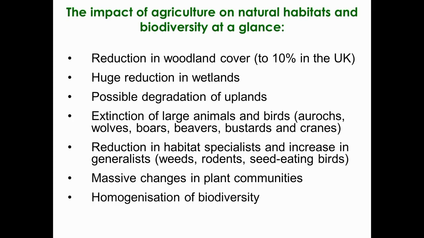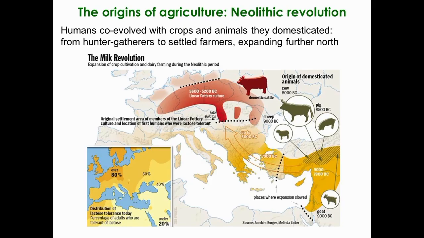As I described yesterday with regard to land use changes through urbanisation, where we get homogenisation of biota, likewise, in agricultural systems, we're also seeing a homogenisation of biota and a reduction in biodiversity.